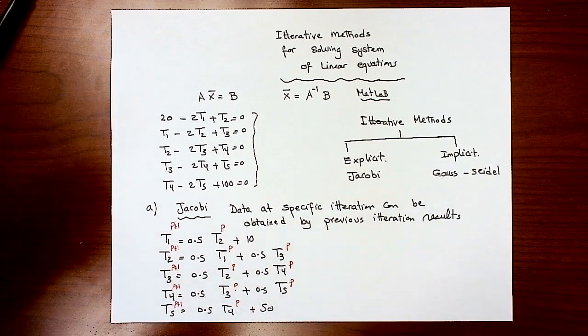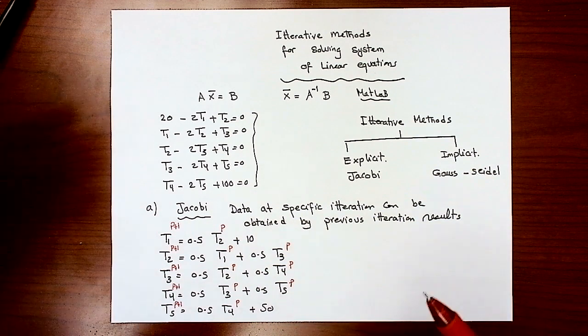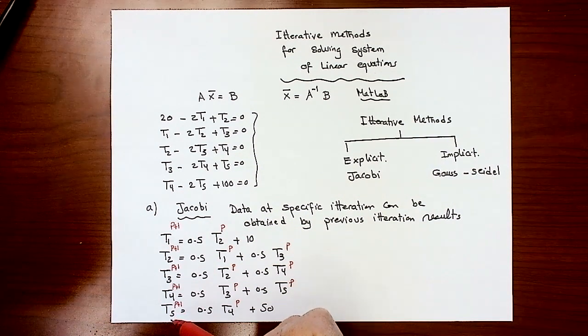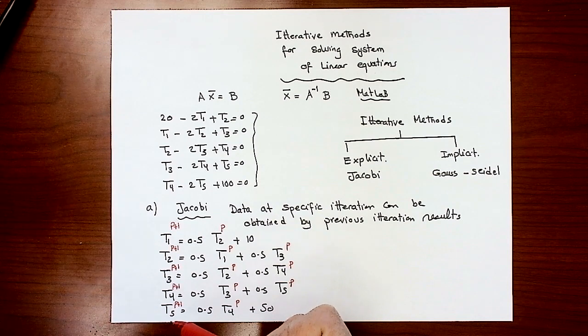So the big question is, what if I would like to get the data at my first iteration? This means that I need the data from the previous one, which is iteration number 0, before the first iteration. And this will be an assumed value. So all we do is assume an initial data.